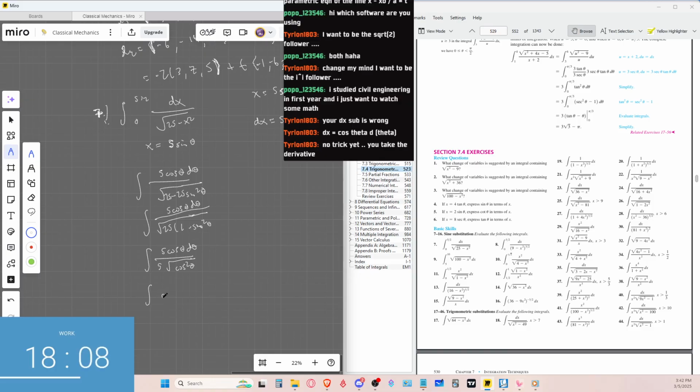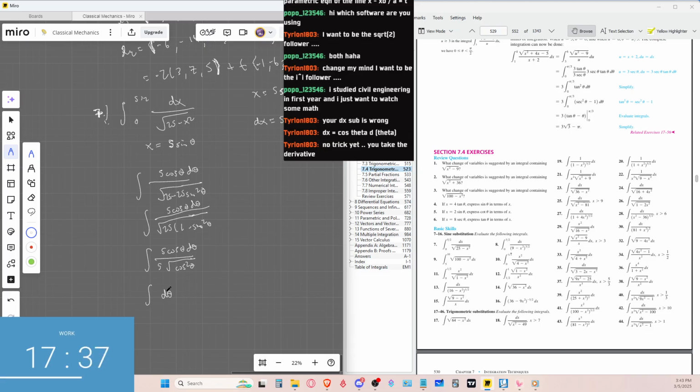That leaves us with just 1. dx is equal to theta d theta.